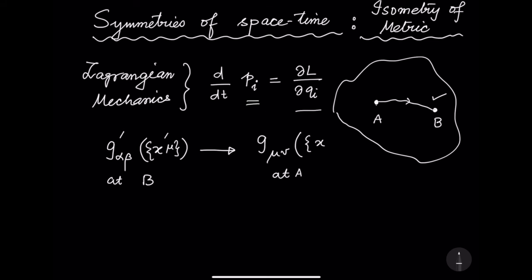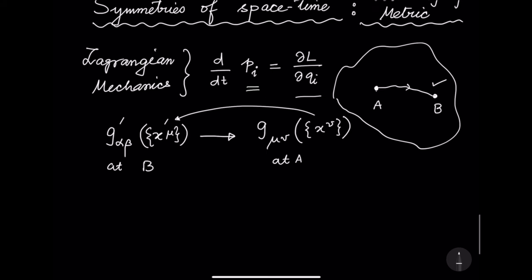So at A, I call the coordinates as some x mu. So what happens? Two things will happen. One is that the coordinate will obviously change because you're doing a coordinate transformation. The functions will also change. Remember that this is a second rank tensor. The functions will not remain the same.